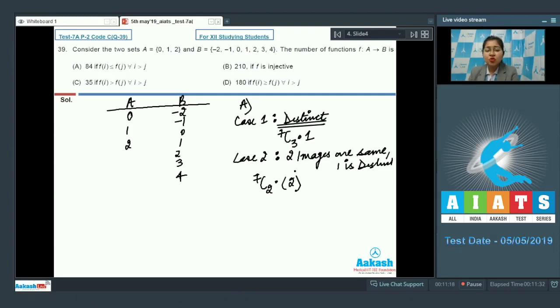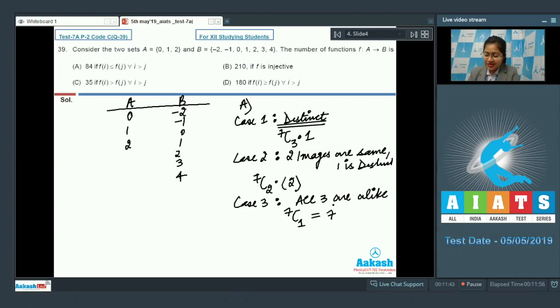So it will be 7C2 into 2. Now case 3, when all 3 images are alike, we will select only 1 from the 7 in 7C1 ways, and in only one way it can be assigned. So the number of ways will be 7.